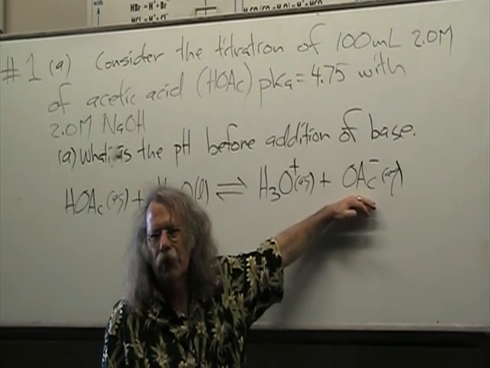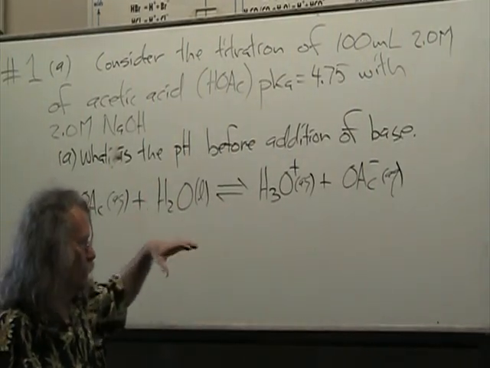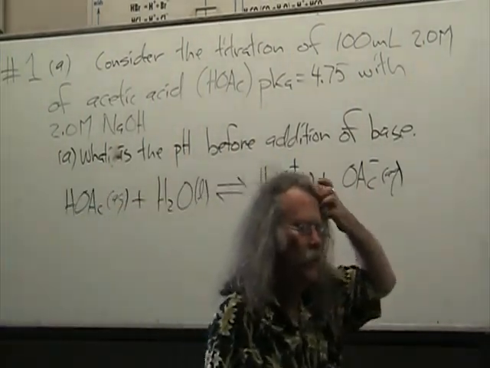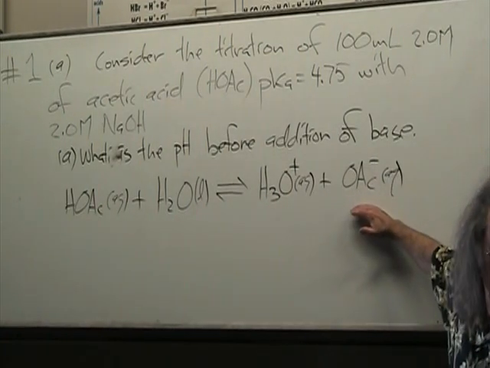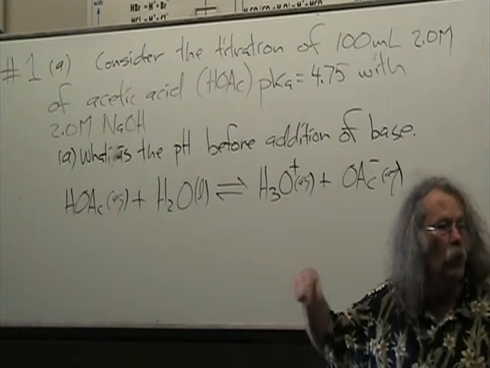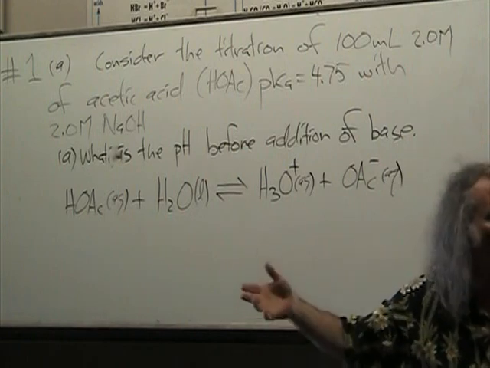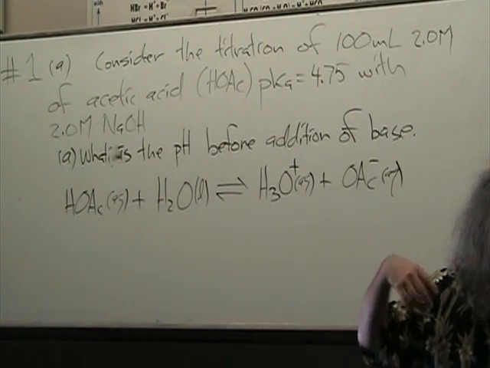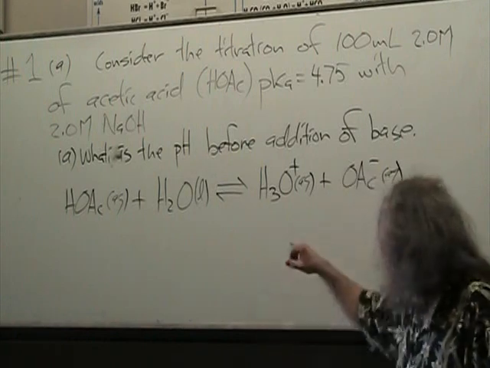What's the spectator ion? In the parent equilibrium of acetic acid and water, there are the hydronium ion and the acetate ion. As we do the titration, we're using sodium hydroxide, so the hydroxide combines with a proton to make water, and we make sodium acetate.